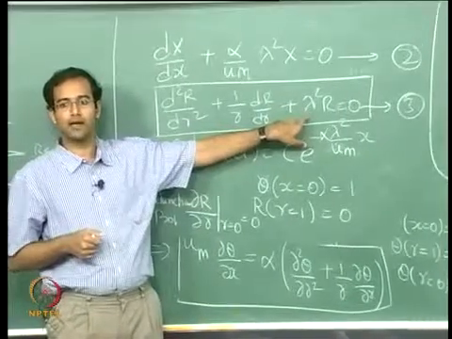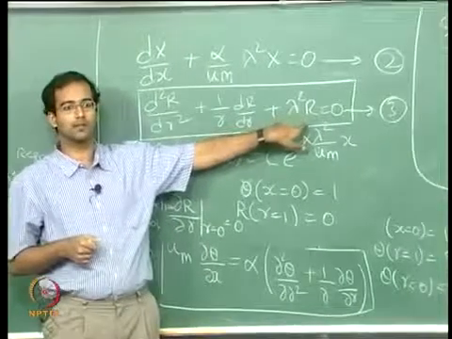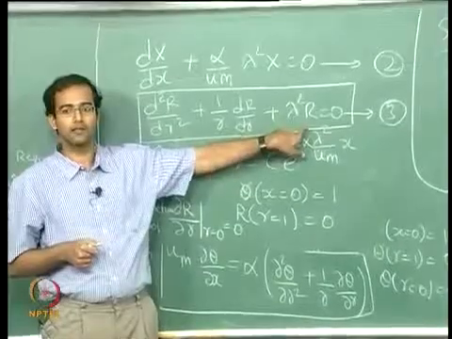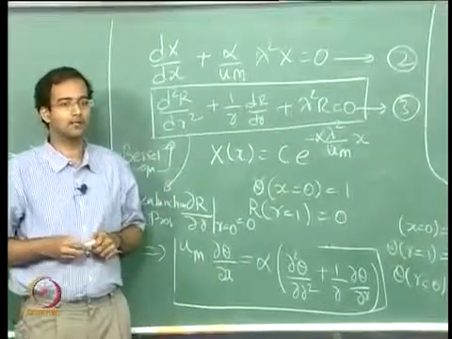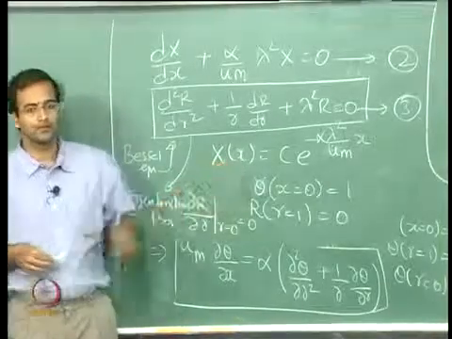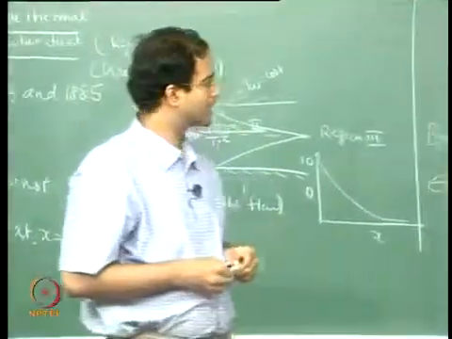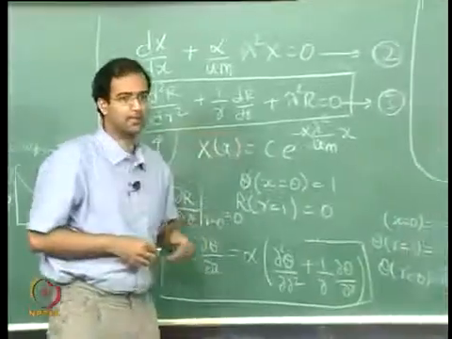Once you know the eigenvalues, then the solution to R is the eigenfunction, and you can express your solution as a product of your eigenfunction into X. I will give you a brief introduction to Bessel functions, then the solution, and then show you how to combine these 2 solutions.